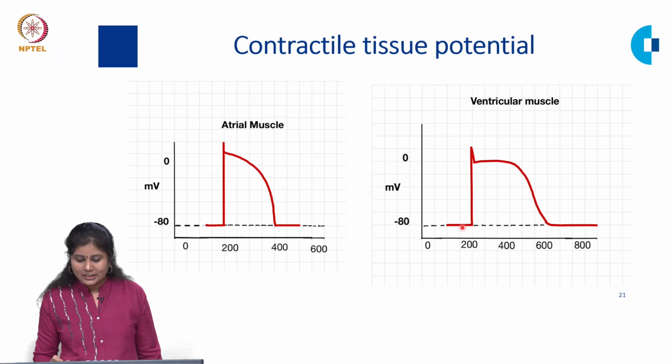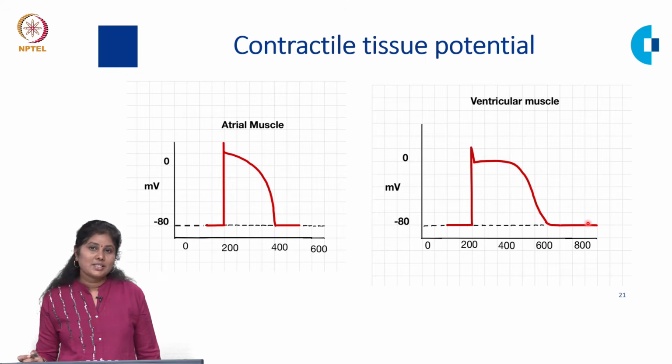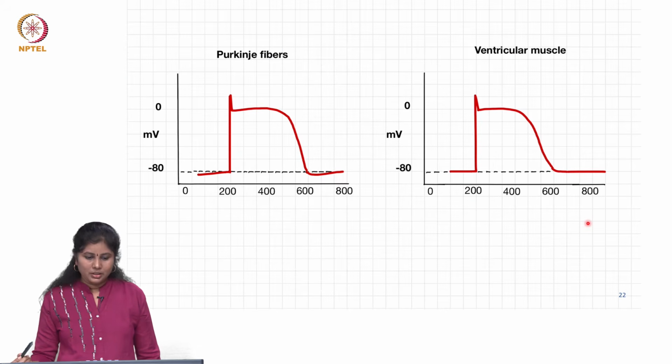So, the baseline is a straight line, it is not a slope unlike we saw in the pacemaker potential, which will be followed by a rapid rise or a straight depolarization which crosses zero potential, and then there will be a short repolarization which is followed by a plateau, and then a regular repolarization occurs until it reaches the resting membrane potential level.